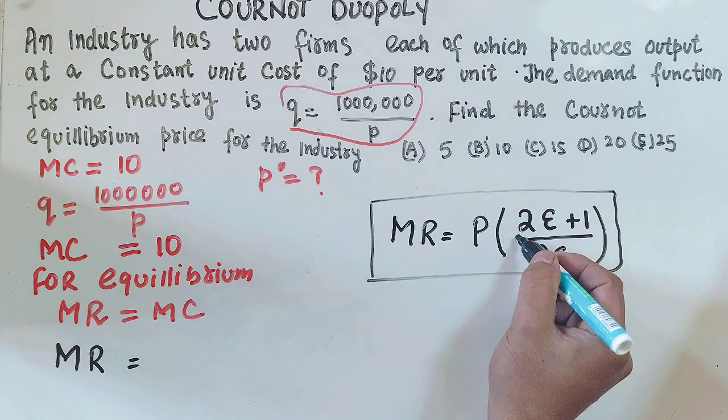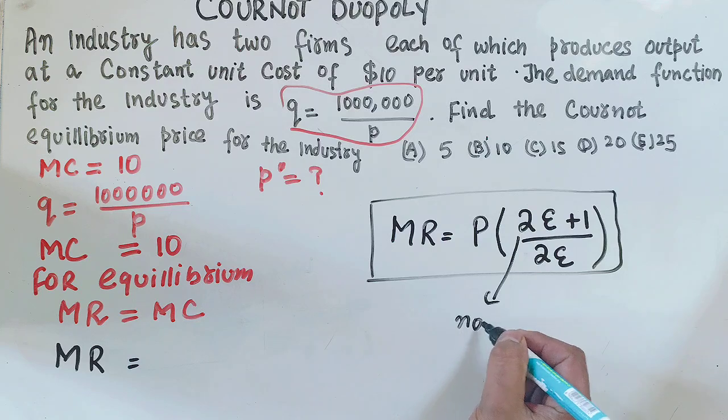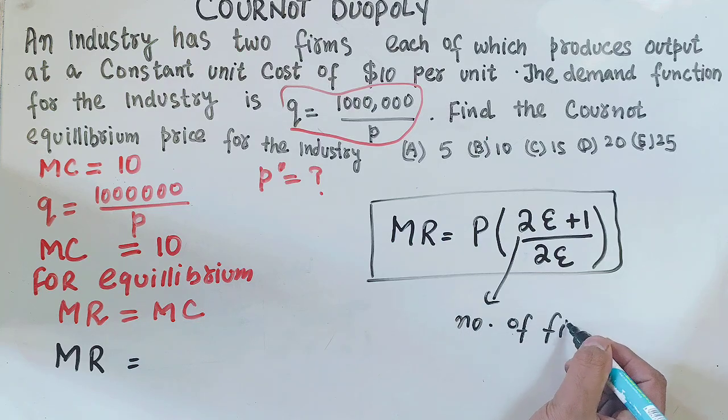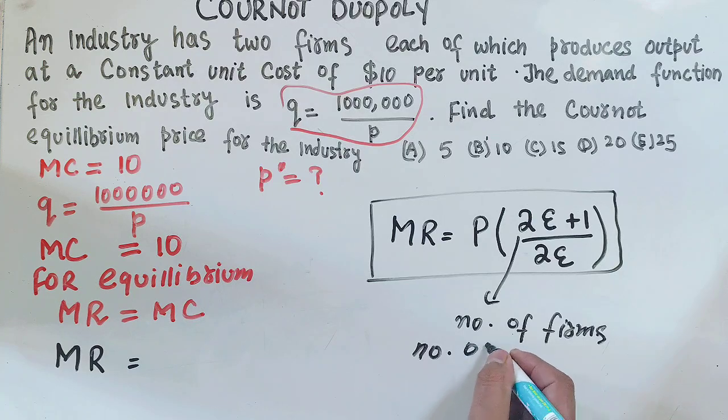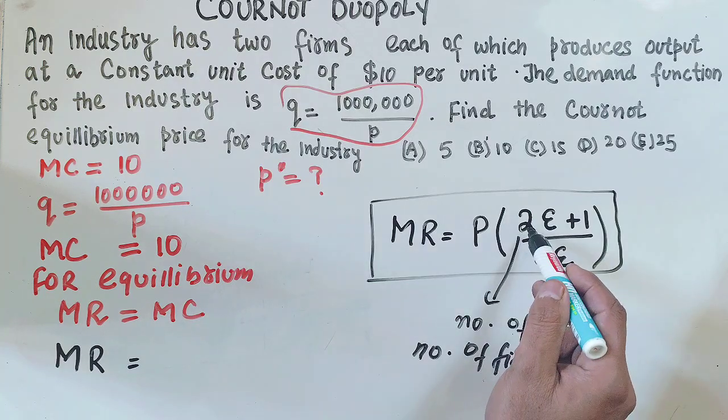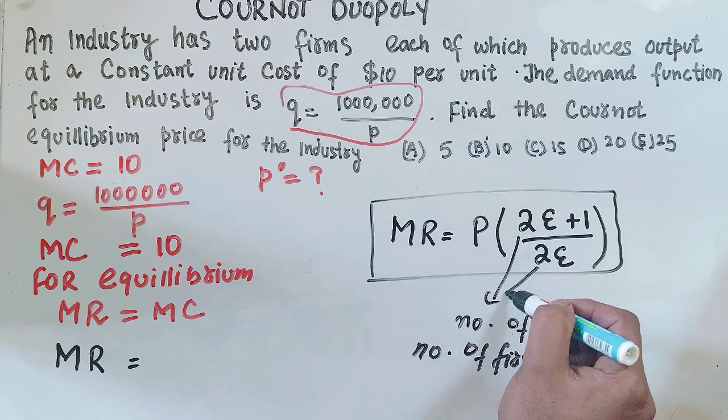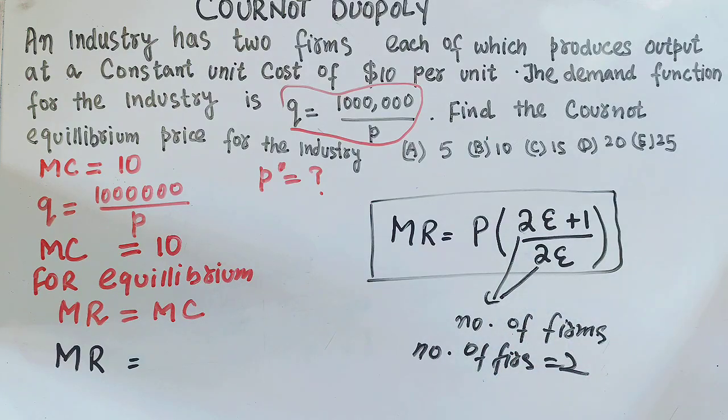Now what is this 2? 2 denotes the number of firms. In our case, the number of firms is equal to 2, so therefore here it is 2. This 2 also denotes the number of firms here. E denotes the price elasticity of demand.